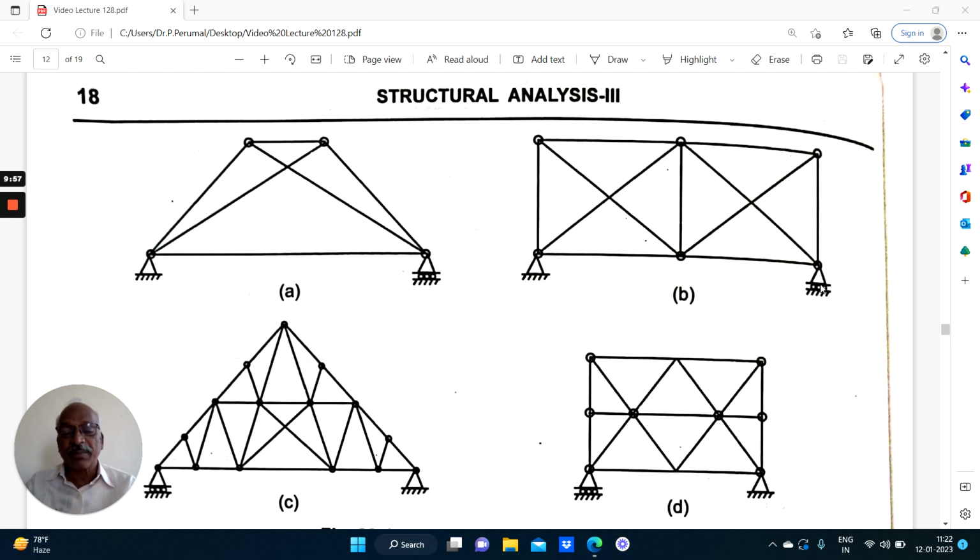Coming to internal indeterminacy, right? Now, this truss has got one member, two, three, four, five, and six members. There are six members. M equal to 6. Coming to joints, pin joints, 1, 2, 3, and 4. There are 4 joints.